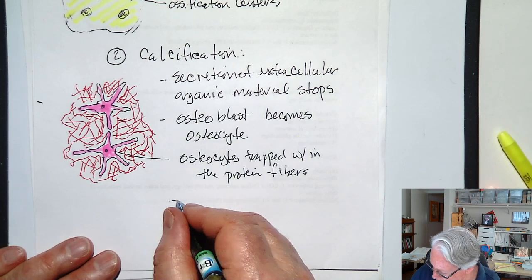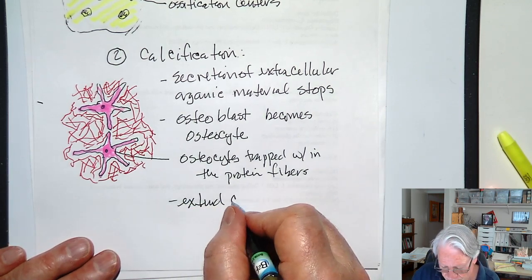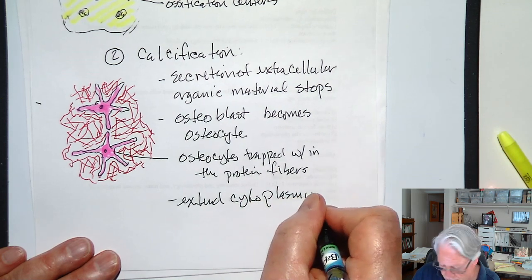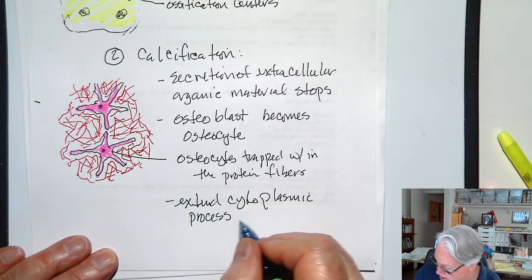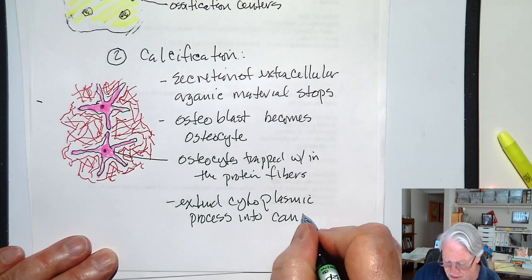So you're going to see these cytoplasmic processes extend into what is now going to be called the canaliculi.